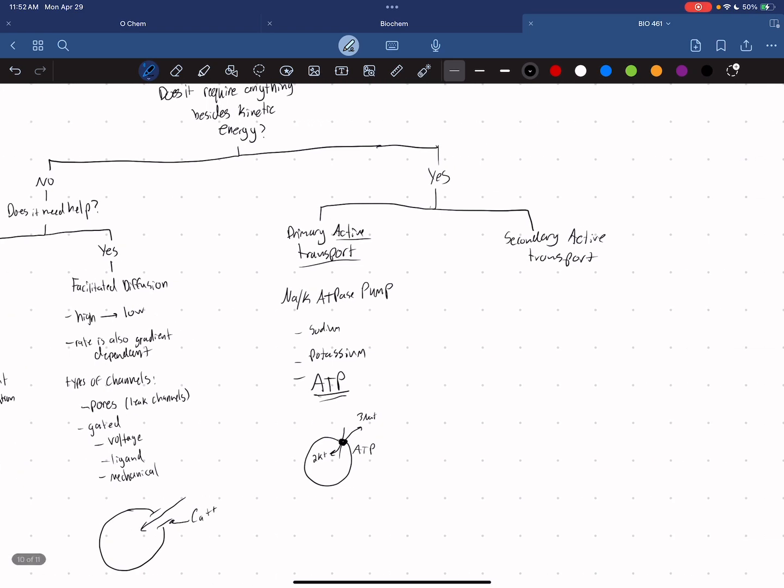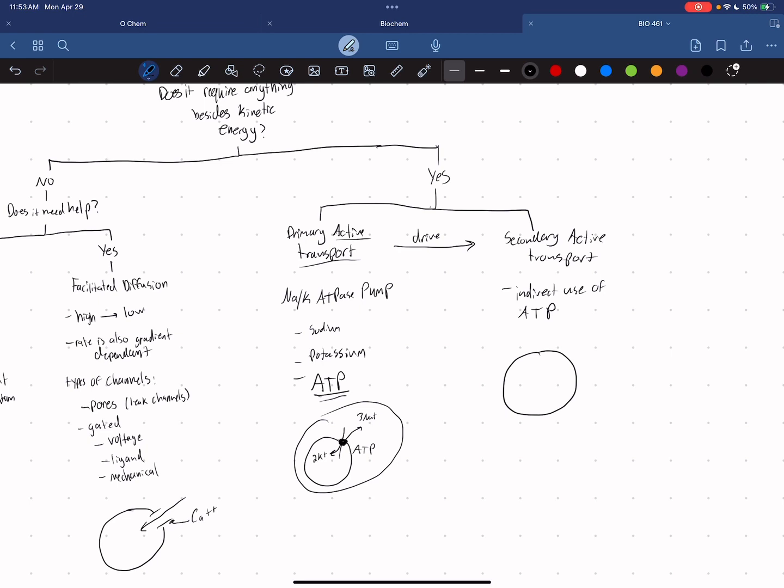In terms of secondary active transport, this is secondary because there is an indirect use of ATP. What happens is this primary active transport will drive secondary active transport, because the gradient that is created with this pump will determine how the secondary active transport happens.